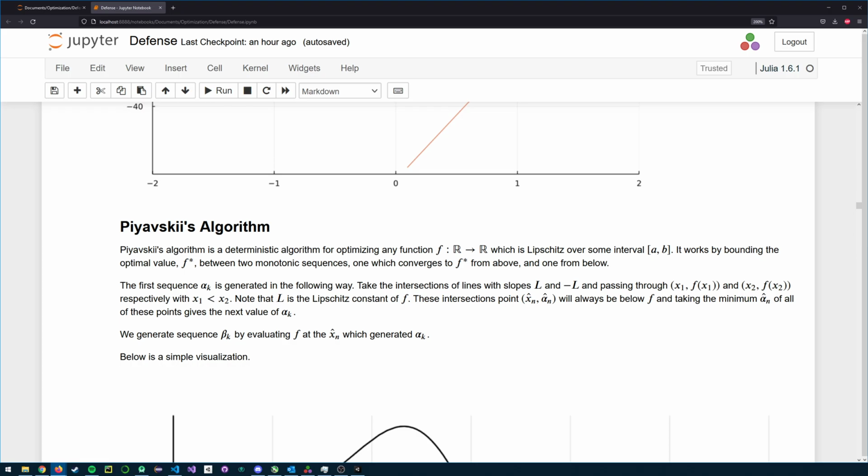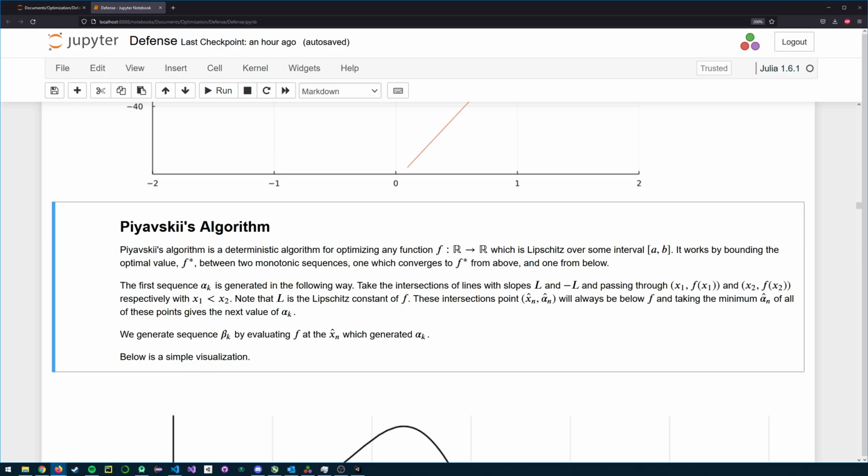So we take intersections of lines with slopes plus minus L that pass through these points, noting that L is the Lipschitz constant of f. And these intersection points, which we'll denote x hat sub n and alpha hat sub n, will always be below f, due to the fact that f is Lipschitz and L is the Lipschitz constant.